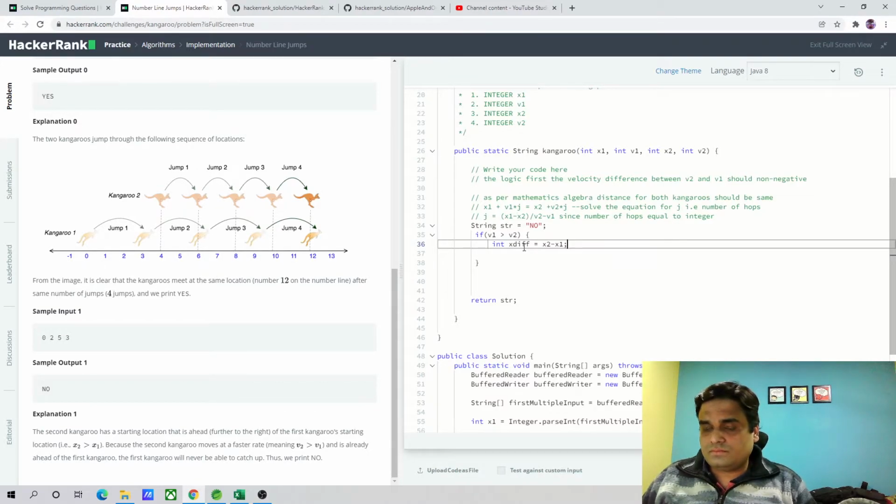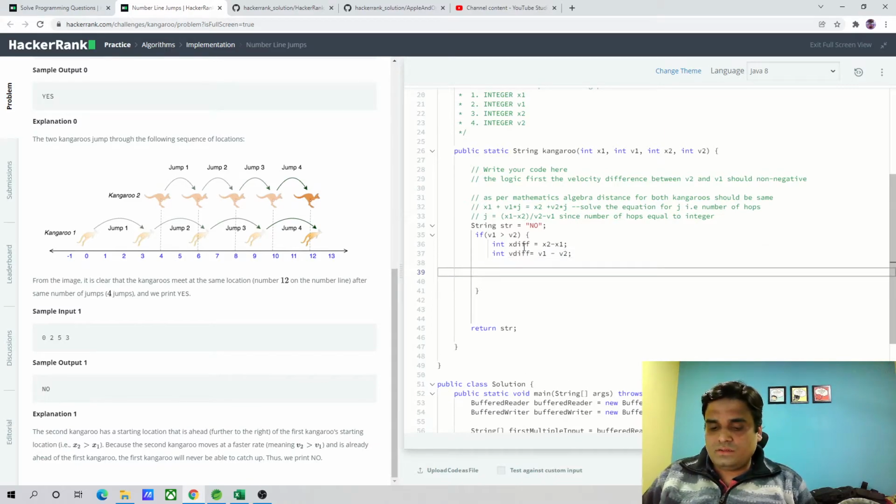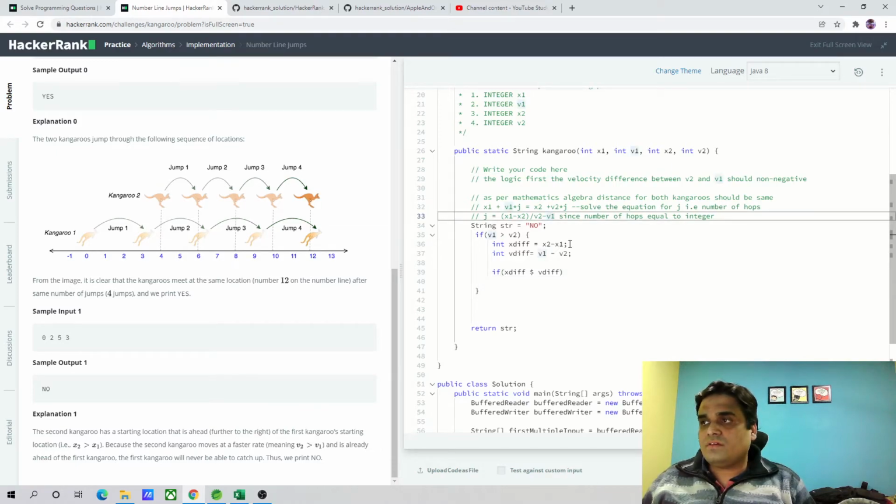And int vdiff is equal to v1 minus v2. As I mentioned, the remainder should be 0, so that it is an integer. So we check if xdiff mod vdiff, that means mod v1 minus v2. Let me correct this so that it is clear to you.